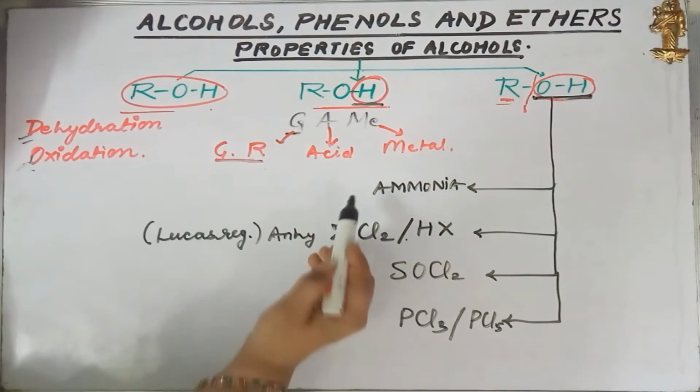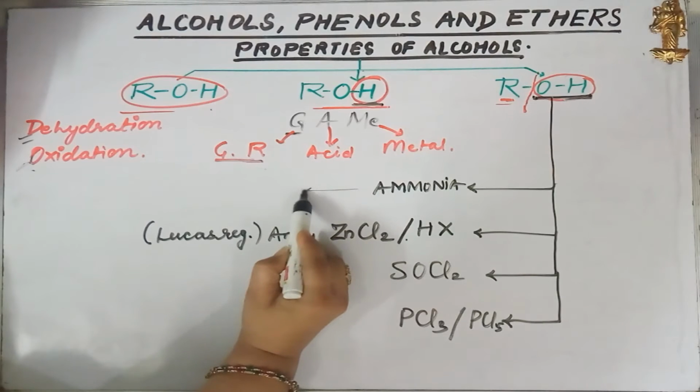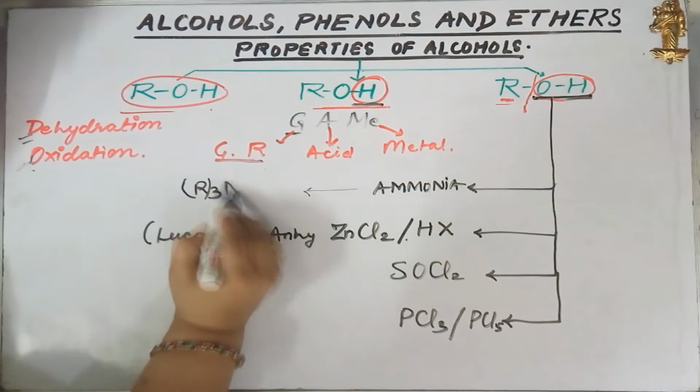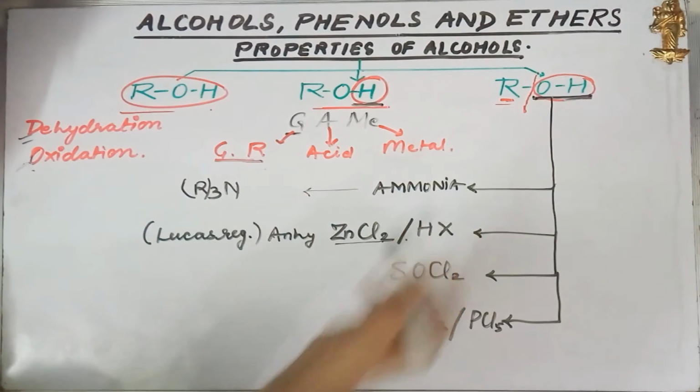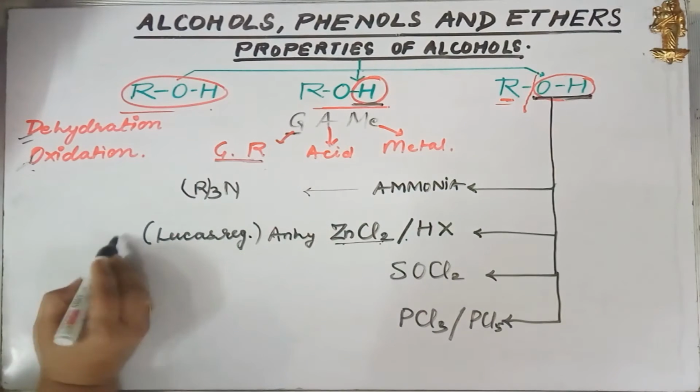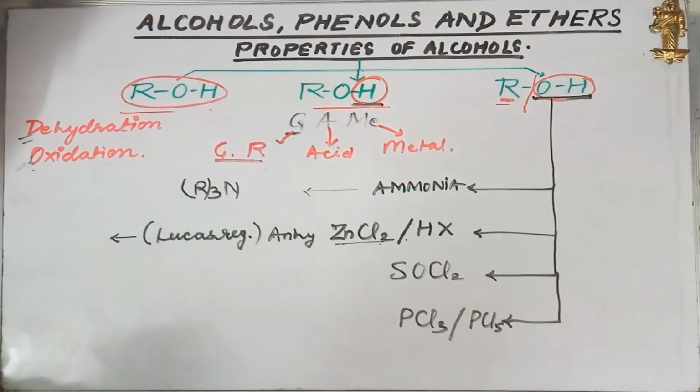That is, whenever we react alcohol with the ammonia, we will get trialkylamine. Whenever we react the alcohol with the zinc chloride and HX or Lucas reagent, it is a very good test for the confirmation of primary, secondary and tertiary alcohols also.